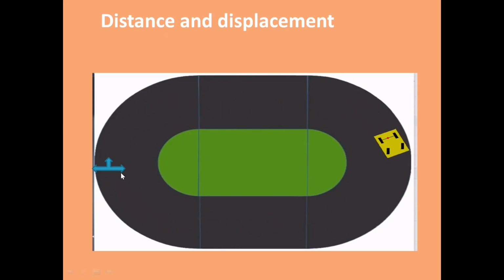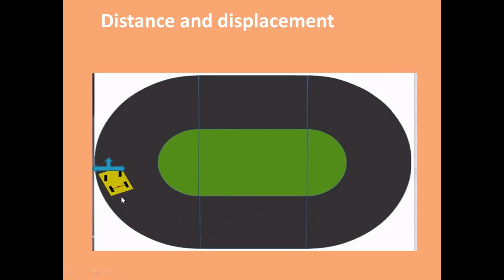The total length of this track is 500 meters and it has covered half the path, which means the distance covered by the object is half, that is 250 meters. If it covers one complete round, we say that it has covered 500 meters. That is the total distance traveled by the object.